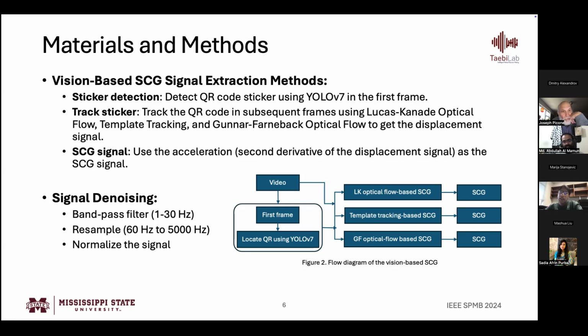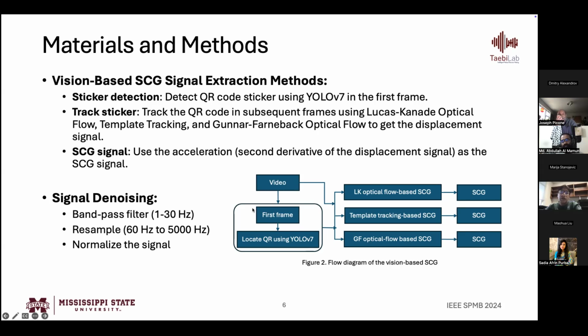When we detect the location of the QR code in the first frame of the video, we apply Lucas-Kanade template tracking or Farneback motion tracking to track the QR code location in the subsequent frames. And then we get a displacement signal. Then we calculate the SCG signal as the acceleration, which is the second derivative of the displacement signal.